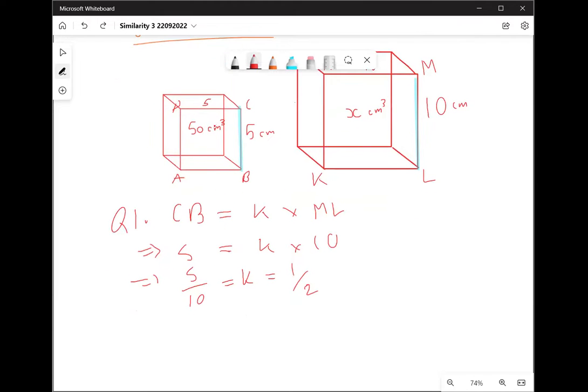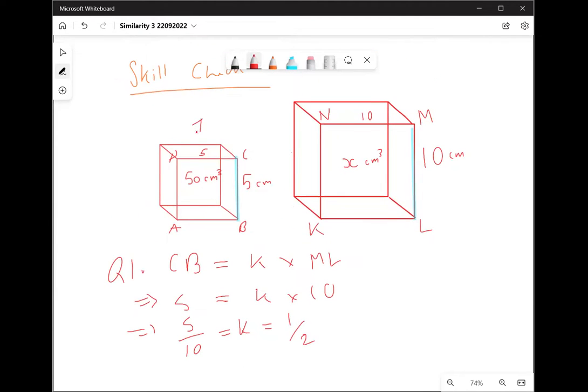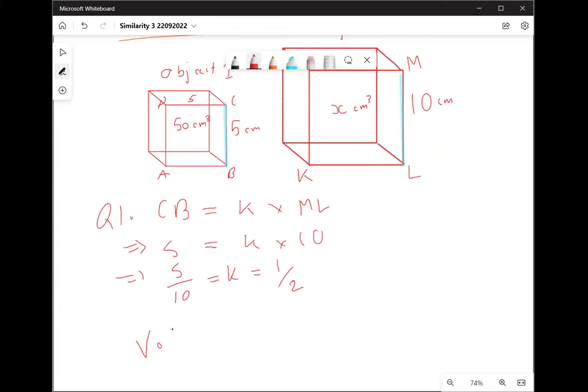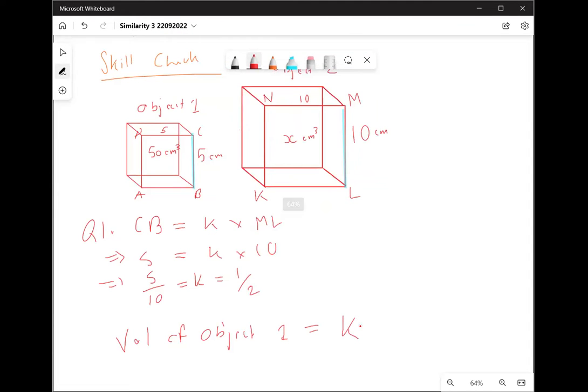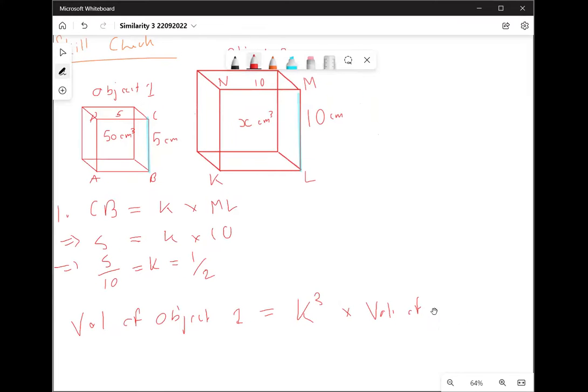Let's say this guy is shape 1, object 1, and this is object 2. We need to know that the volume of object 1 must be K cube times volume of object 2.